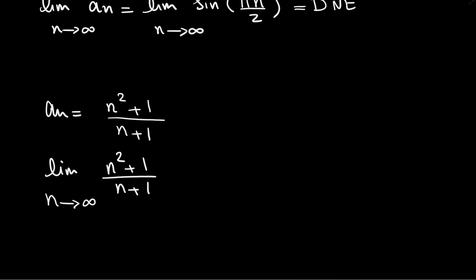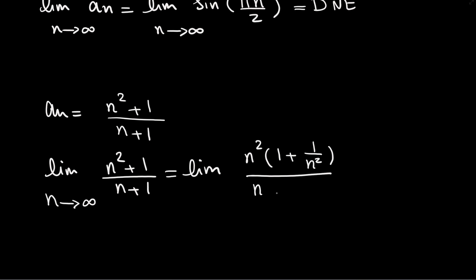To find the limit, let's factor n squared from the numerator. So the first term is 1 and the second one is 1 over n squared. In the denominator, the variable is n. So let's factor n. The first term is 1 and then the second one is 1 over n.